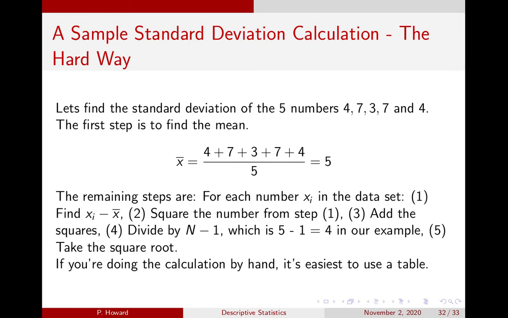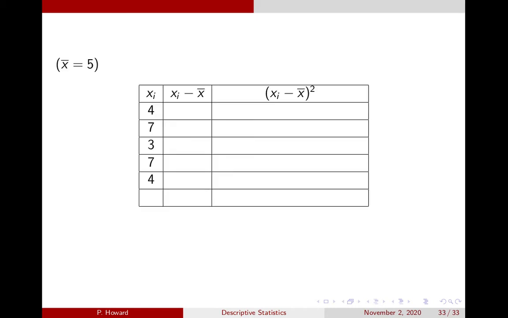And if you're doing it by hand like I am here, it's easiest to set things up in a table. So here's a good way to set up your table. I've put the mean here just because I'm going to use it in these calculations. And I have listed the numbers in the data set in the first column. So x_i will represent each of these 5 numbers. Okay, now in the next column, I want to calculate the previous number minus the mean.